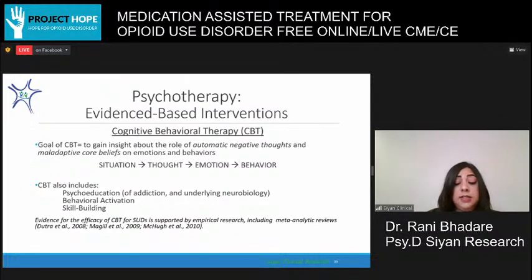CBT also includes skill building, which I'm going to speak to on the next slide. But I also want to briefly summarize that in CBT, part of increasing insight is helping patients notice when they may be having cognitive distortions. Fancy way of saying ways they may be misperceiving reality or distorting the truth, maybe overgeneralizing their experiences as all bad, catastrophizing little stressors, and in their mind making them larger.